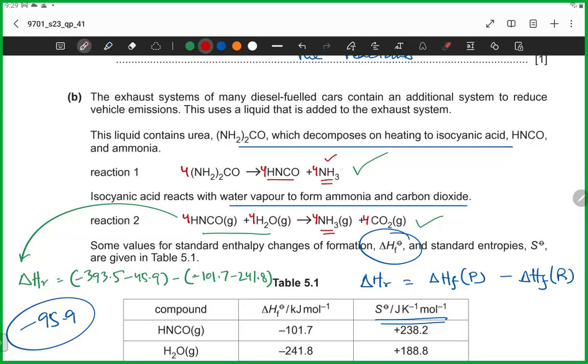So the first reaction produces 4 NH3. Then in the second reaction, because it's already balanced, the 4 HNCO produced in the previous reaction are going to produce 4 more NH3, right? So the first two reactions have in total produced 8 ammonia molecules.